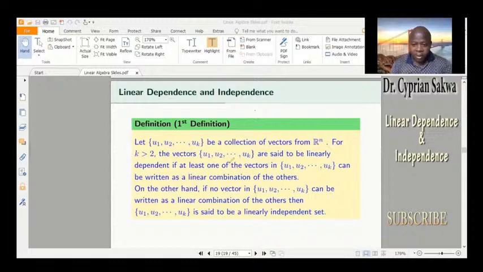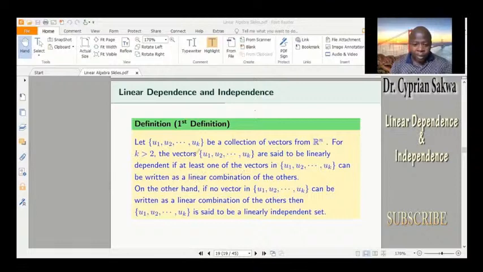We already looked at linear combination of vectors, how to write a vector as a linear combination of other vectors, in our previous video. So you're already aware of how to do that.